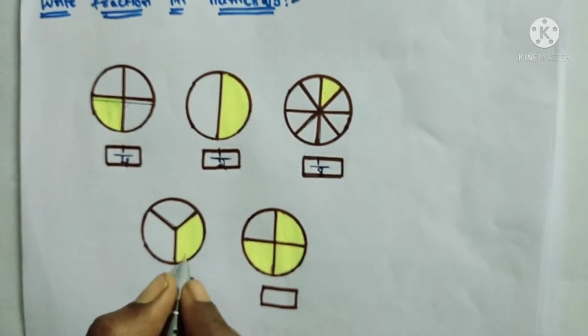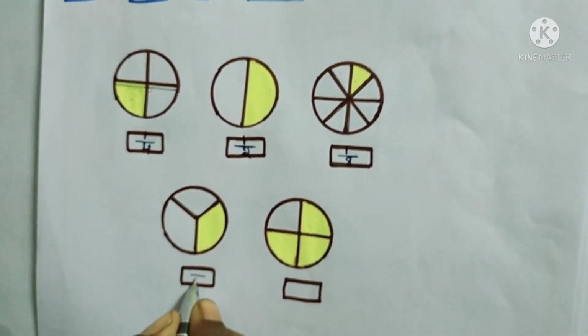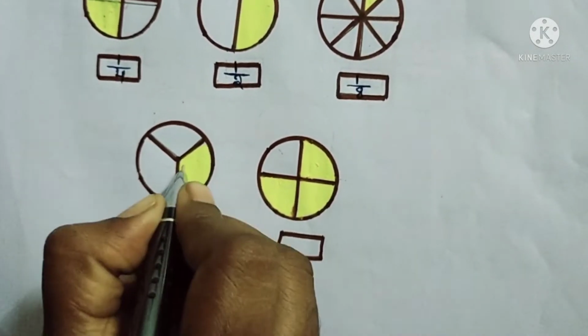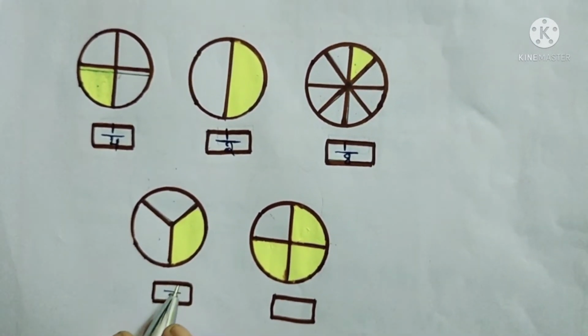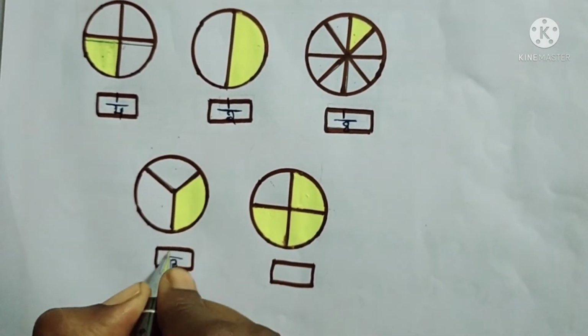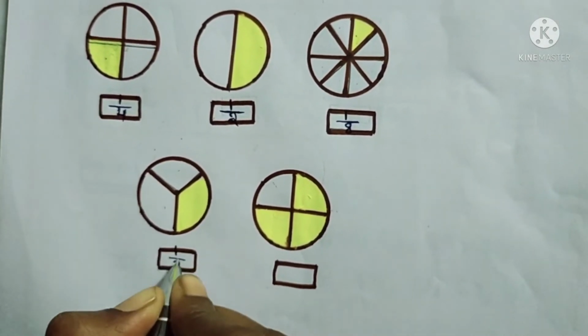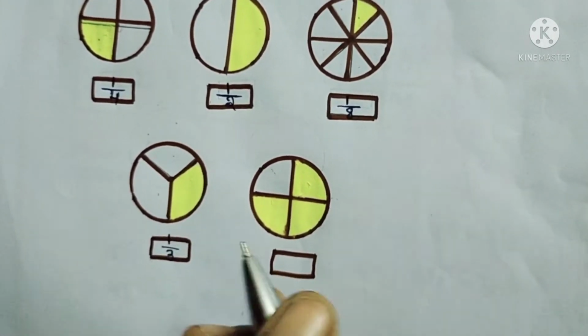In this problem, how many equal parts are there? 3. 1, 2, 3. How many shaded parts? 1. 1/3 of the part is shaded.